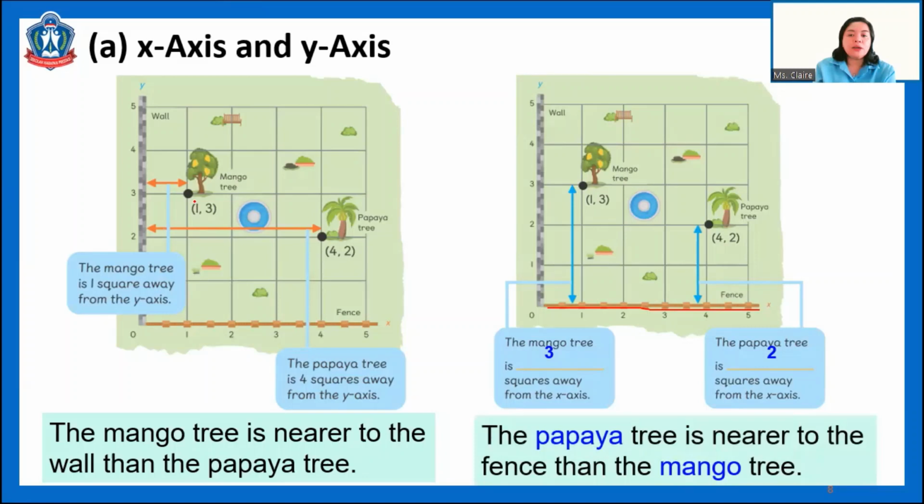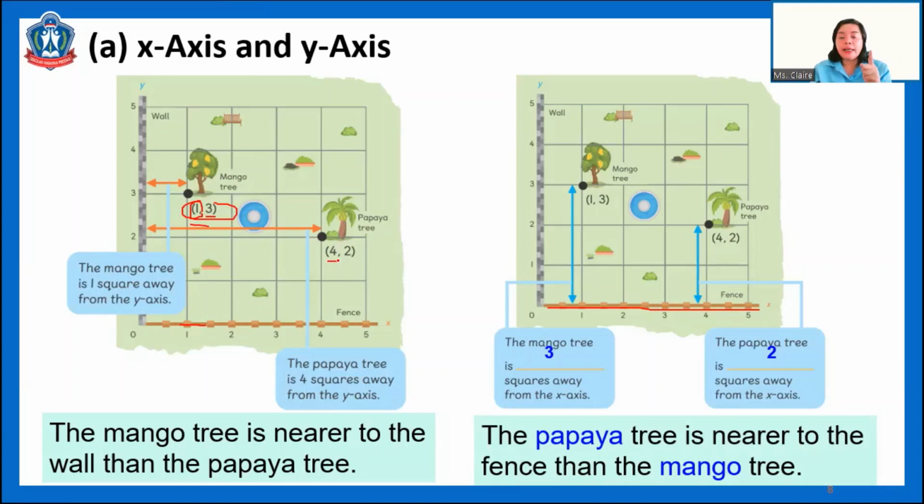So when we talk about 1, 3, the number 1 here is the x-coordinate. The x-coordinate can be found in the x-axis. So the 1 is the distance of the mango tree from the y-axis. The 3 is the distance of the mango tree from the x-axis. So 1, 3.